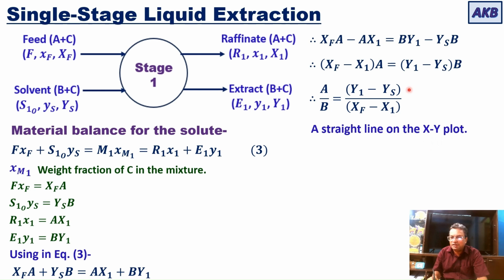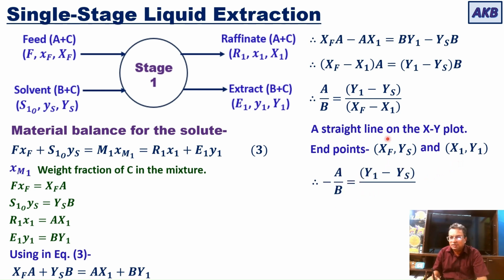On the xy plot, it will be a straight line, and endpoints of this straight line according to this equation are xf ys and x1 y1. Now we will rearrange this equation. Let us say this is point number 1 and this is point number 2.